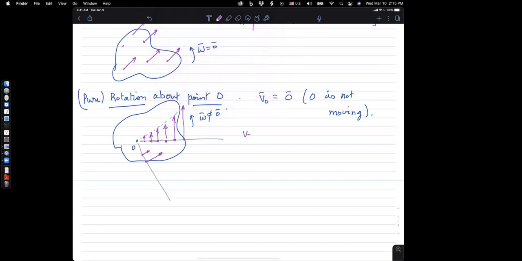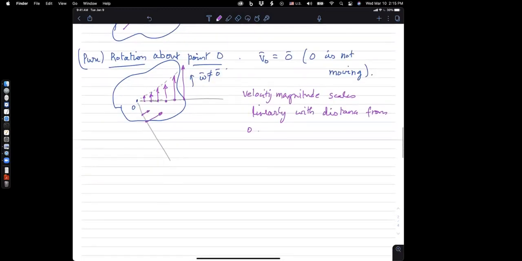So the velocity magnitude scales linearly with distance from O and is perpendicular to it.